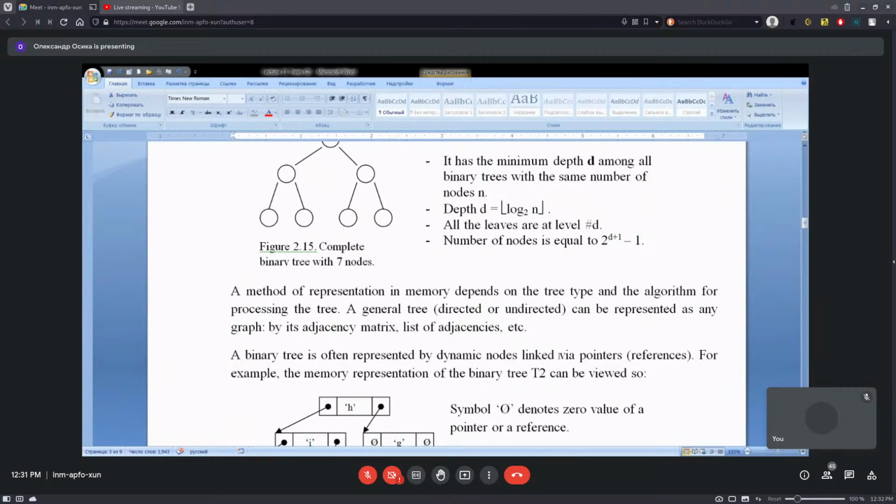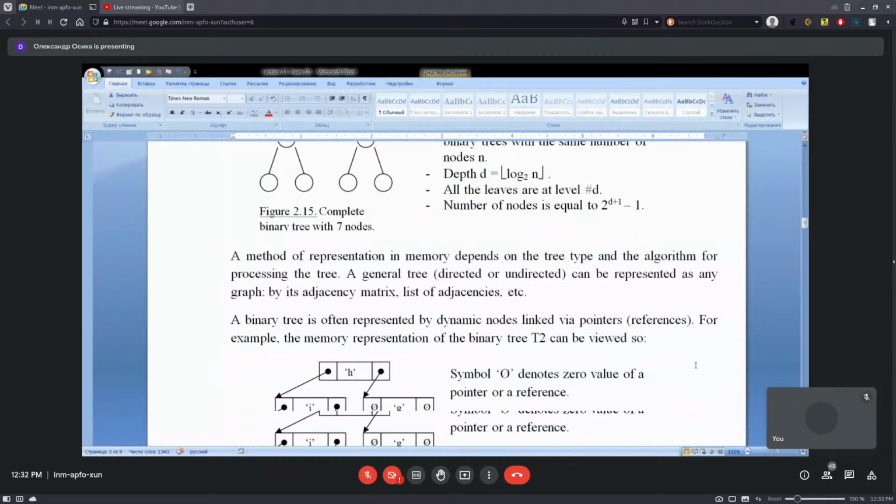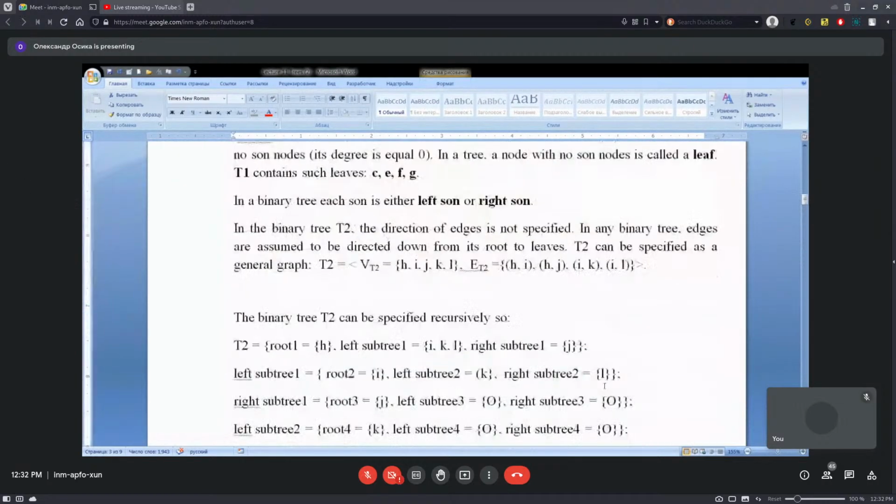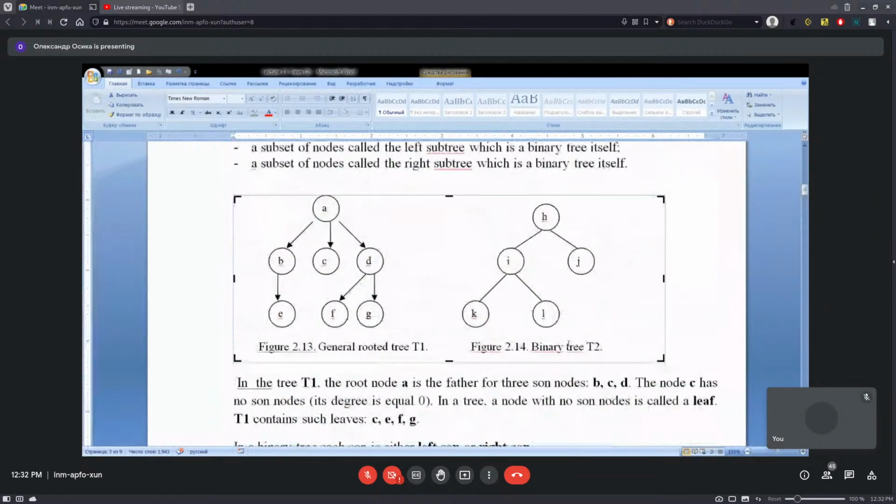And they are linked by pointers or references. For example, the memory for tree 2, for this.